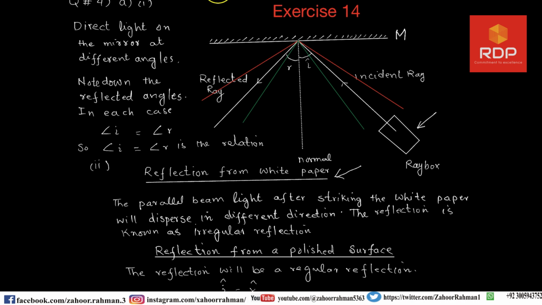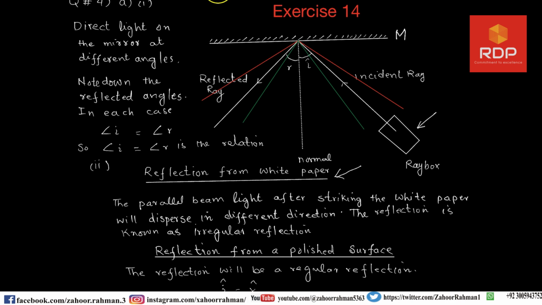So the light will spread in different directions, and we understood that from the theoretical portion: if a parallel beam of light strikes an unpolished or rough surface, then the light reflected after striking that surface will disperse in different directions.